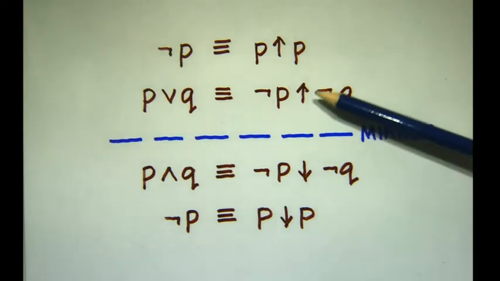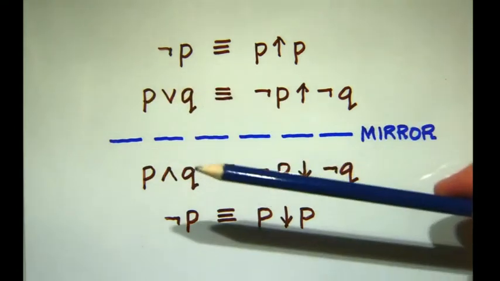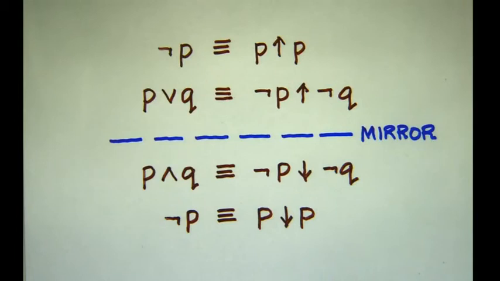Put it in the mirror, the up arrows become down arrows, the OR becomes an and so on, and you've got the corresponding proof for the negated OR. You begin to see what I mean about this mirror stuff. It's not just cute, it saves us a lot of work. It's great, 2 for the price of 1.